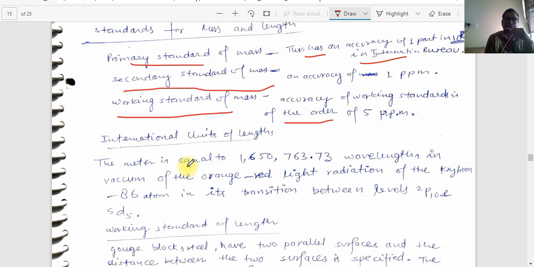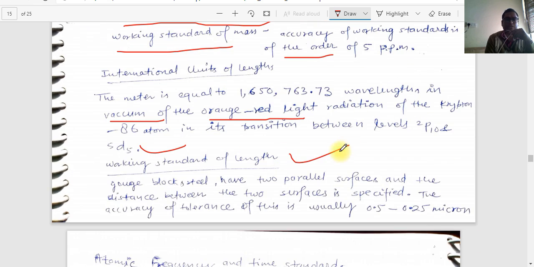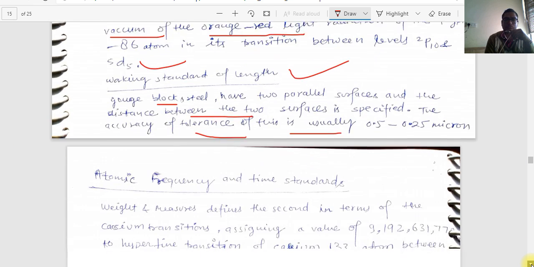International unit of length: the meter is equal to 1650763.73 wavelengths in a vacuum of the orange-red light radiation of the krypton 86 atom in its transition between levels 2p10 and 5d5. Working standards of length: gauge blocks of steel have two parallel surfaces and the distance between them is specified. The tolerance is usually 0.5 to 0.25 micron.